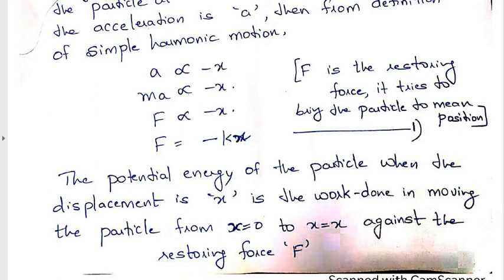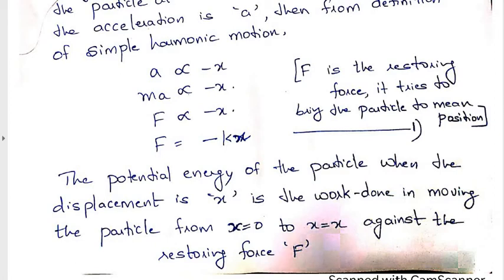Now, the potential energy of the particle when the displacement is x, as per our definitions from mechanics, is the work done in moving a particle from x equal to 0 to x equal to x against the restoring force.